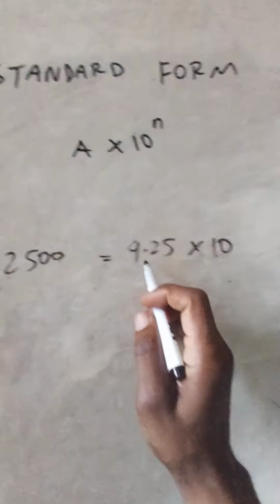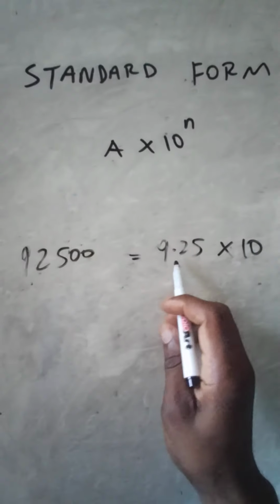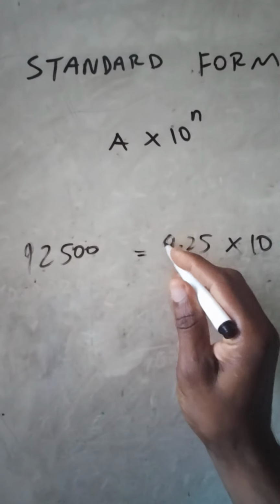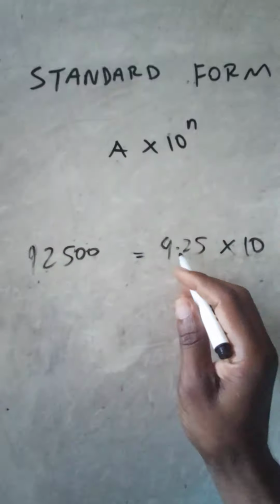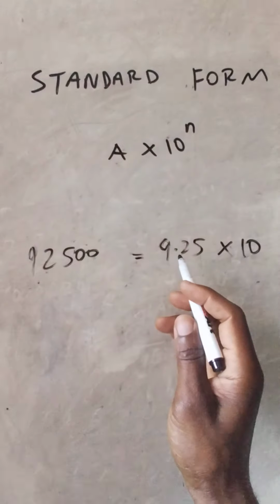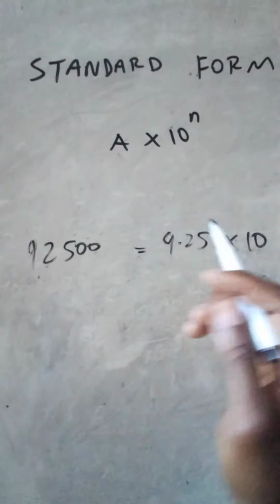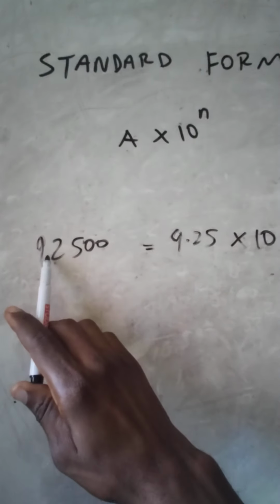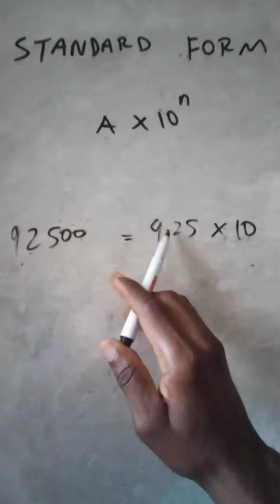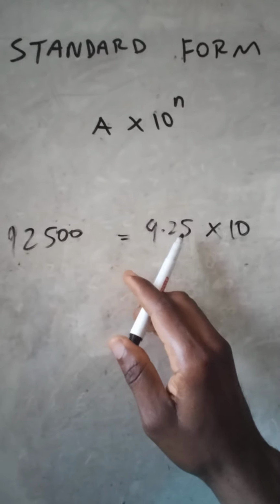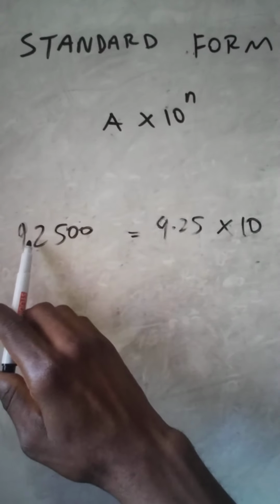Then you're going to say, okay, this is the number that I put in standard form. What direction do I need to go to get back to the original number, and by how many times? So the point is here when you move it to standard form. So okay, the point is here.